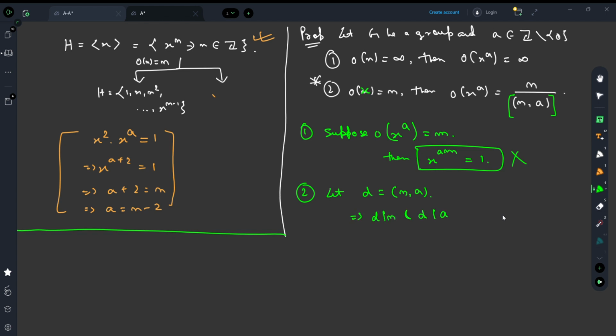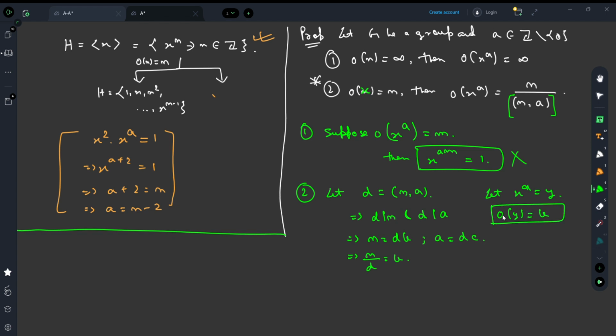This is directly from the definition of a GCD. This implies that you can write n as d times b, and you can write a as d times c. If n can be written as d times b, then n upon d is b, right? So if you let x to the power a be y, in a way it suffices to show that the order of y is b.